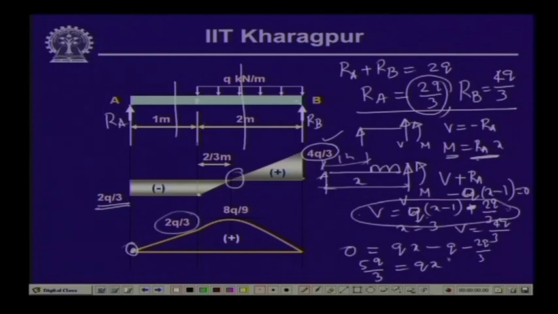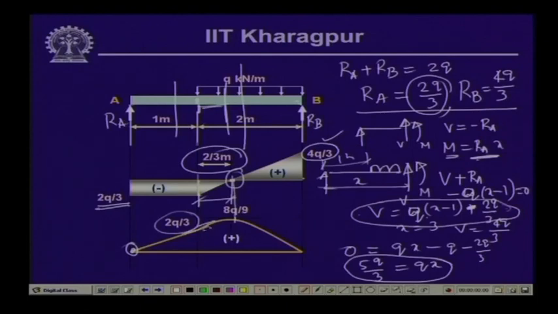So, this gives us that x is equal to 5 by 3, which is from the left end. So, at a distance of 2/3 from here we get the 0 shear force, and this is what is indicated over here. So, from a distance of 2/3 meter from here we get the shear force as 0, and it is expected that the bending moment at that particular point will be the maximum.